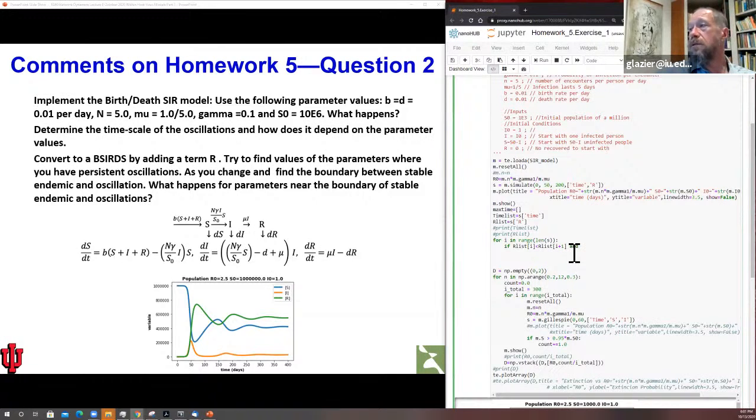And our list sub i plus 1 is greater than our list sub i plus 2. Then we're at a local maximum, aren't we?